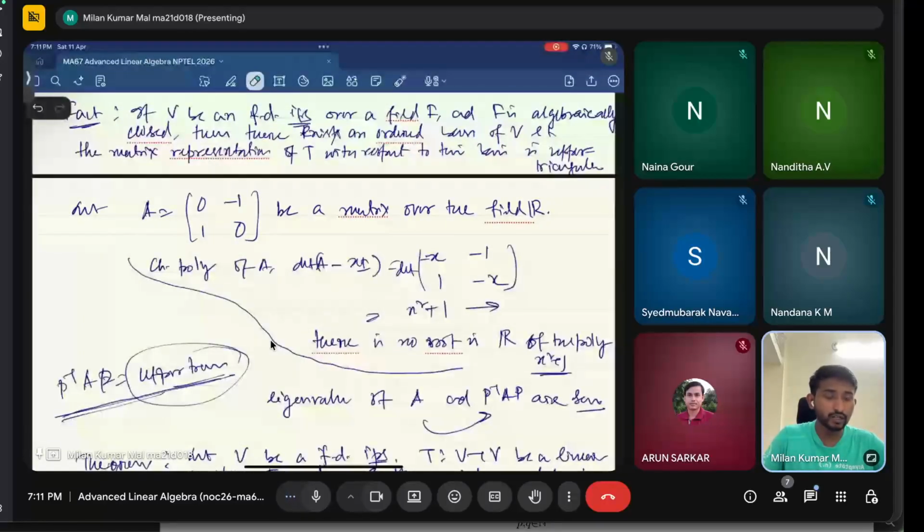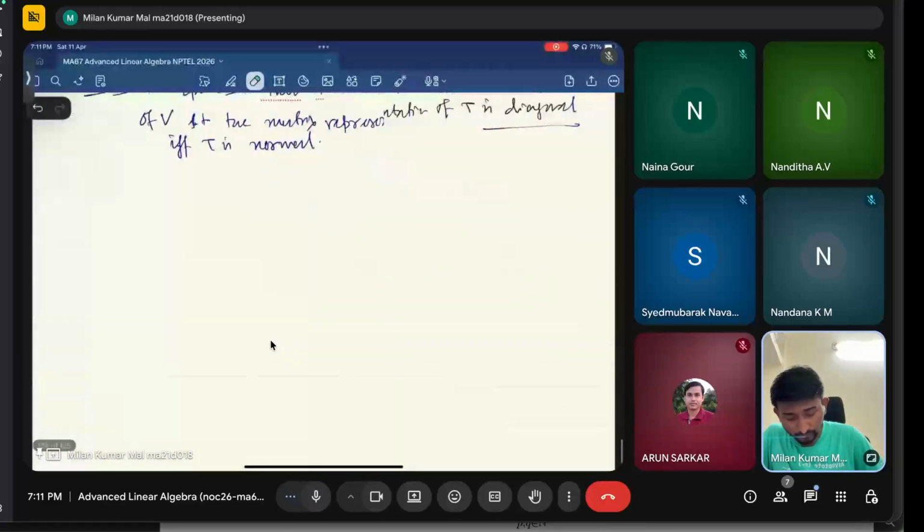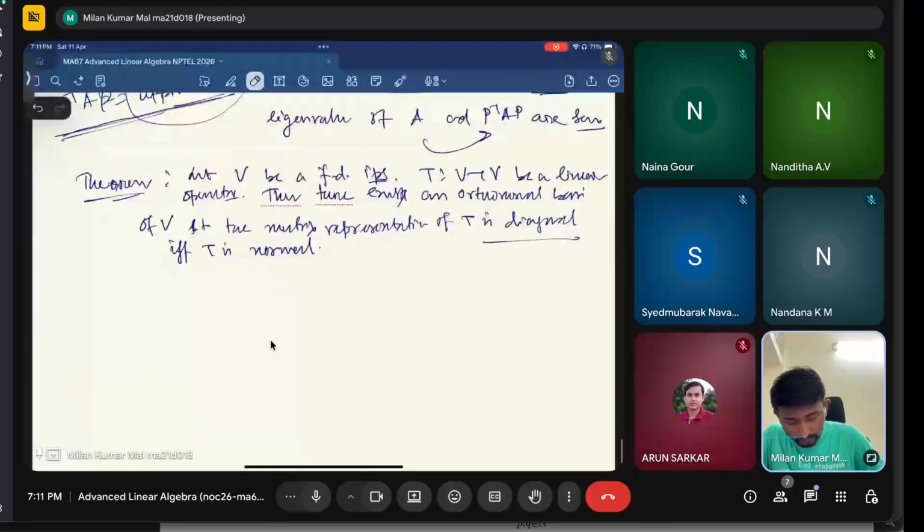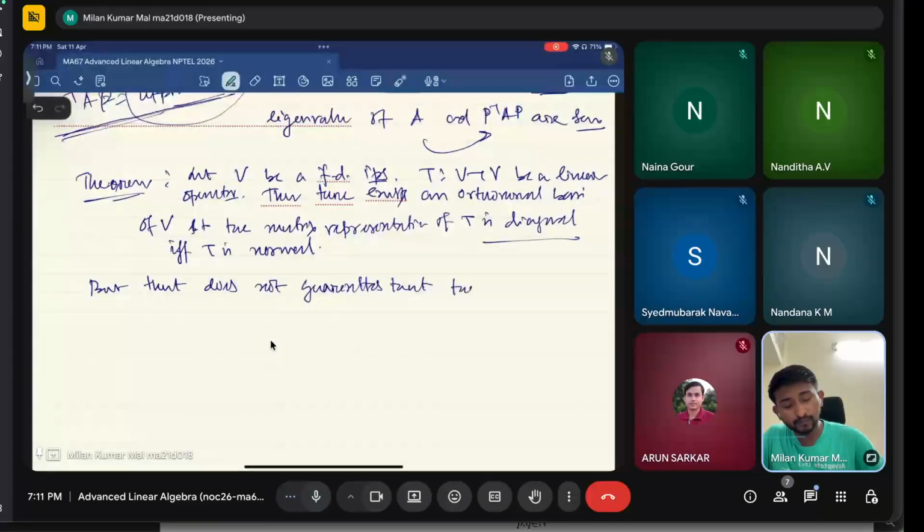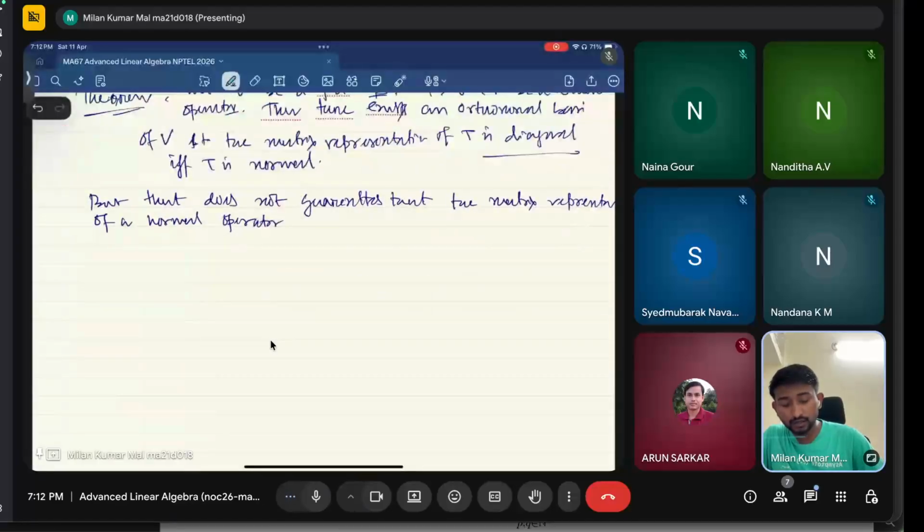You will have one choice at least, but that does not assure you that any basis you choose will work. So that does not guarantee that the matrix representation of a normal operator is diagonal.